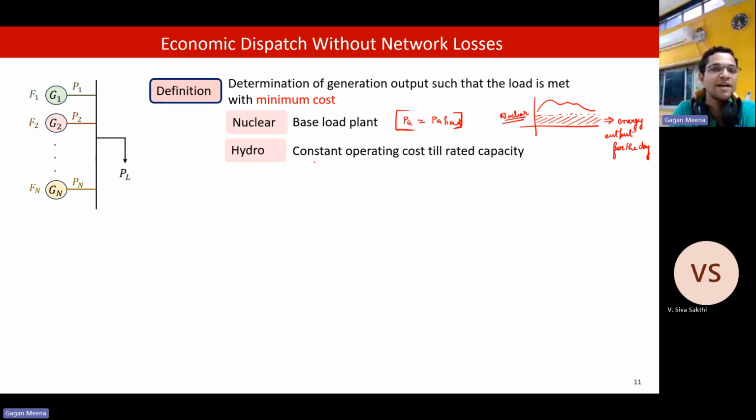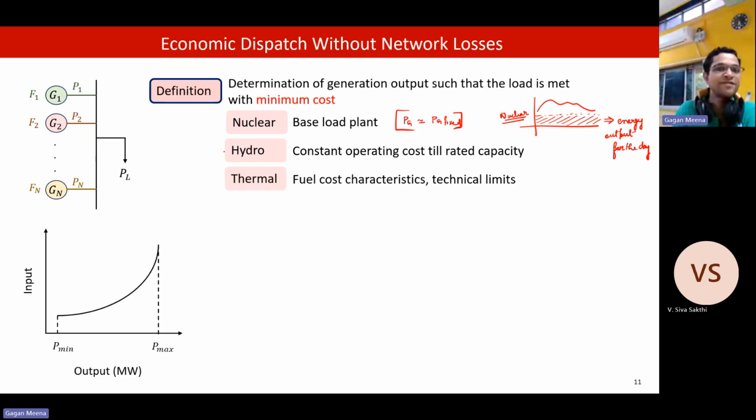Then the second, hydro, has a constant operating cost till its rated capacity, so that is also a constant in the optimization problem. The third one, we are left with the thermal. That's why this economic dispatch problem we solve for the thermal plants.